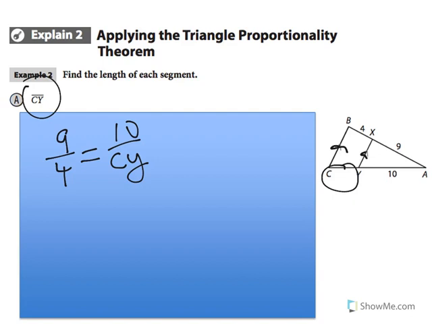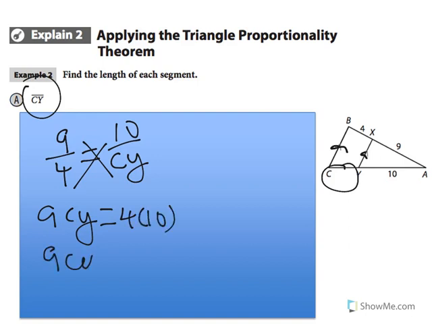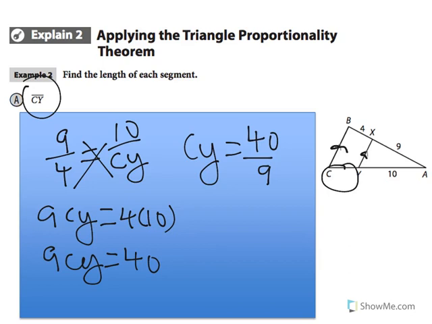Now use our cross product. So 9 times CY equals 4 times 10. So 9 CY equals 40. So CY equals 40 over 9. And you may leave it as a fraction, or you can change it into a decimal. So this is 4.4 with a bar over the 4.